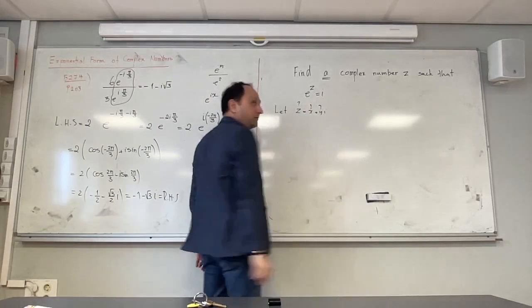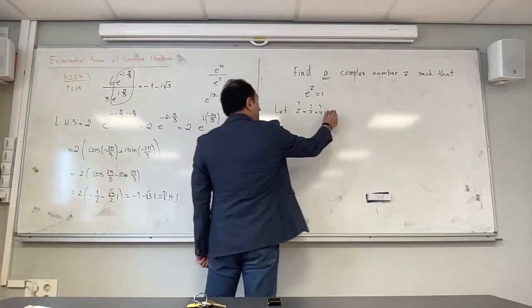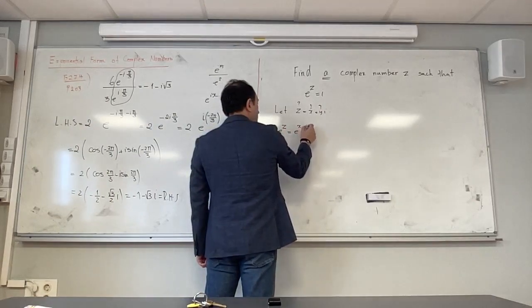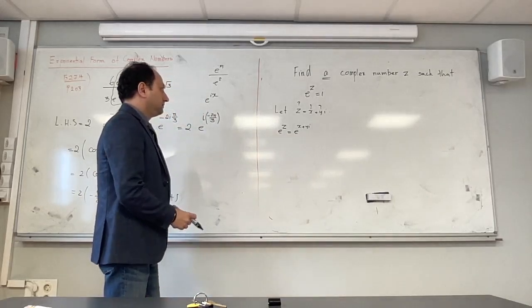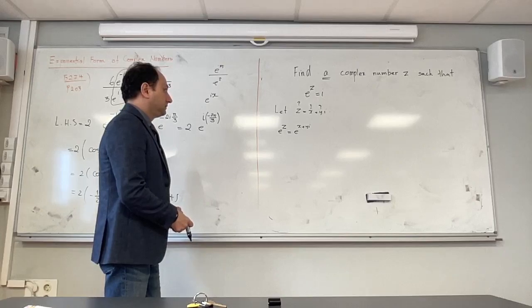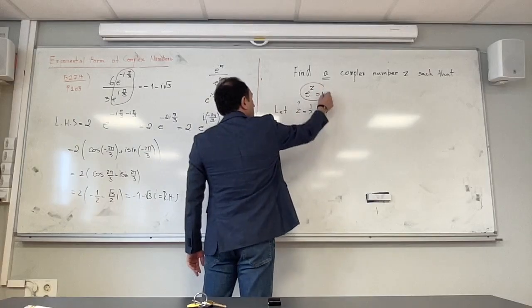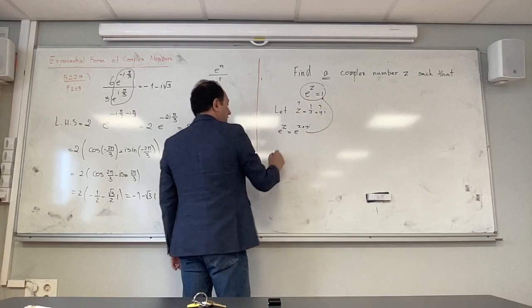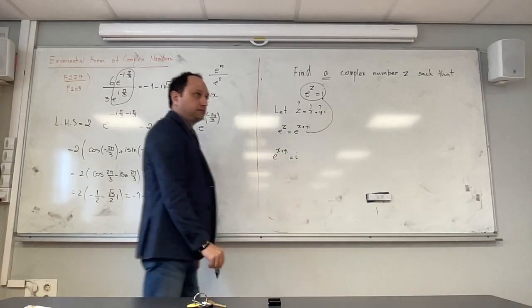I need to find x and y. Yes? And now, e to the power of z, as we learned, becomes e to power x plus yi. So if I put this into this equation, I would write e to power x plus yi is equal to I. Yes?